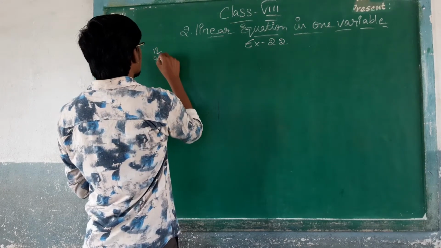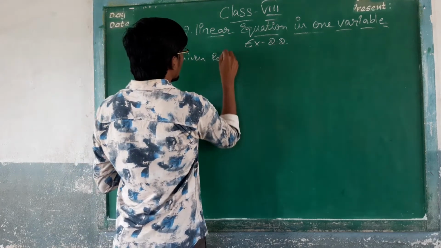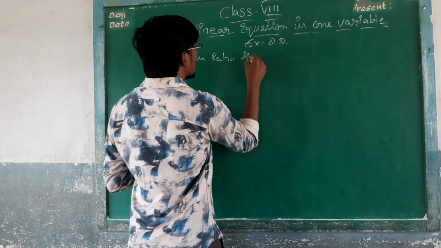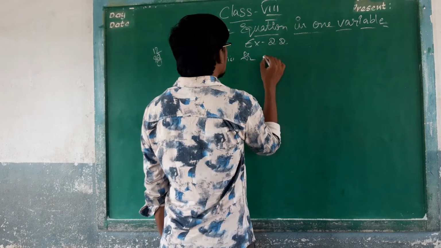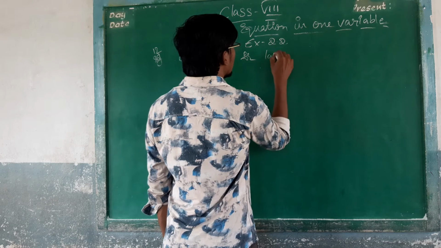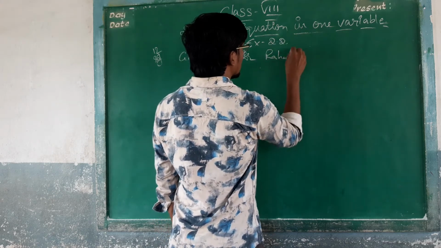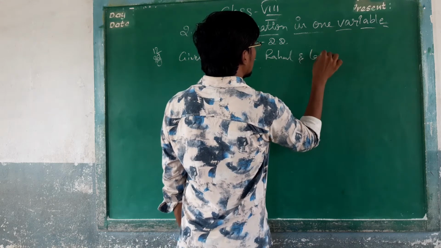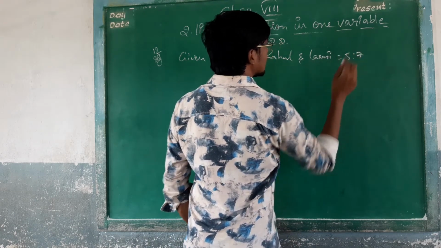This is the 12th one. Given ratio for Rahul and Lakshmi equal to 5:7.